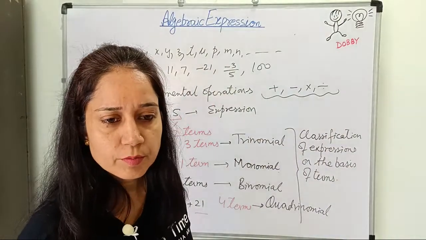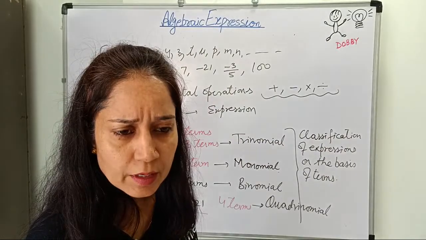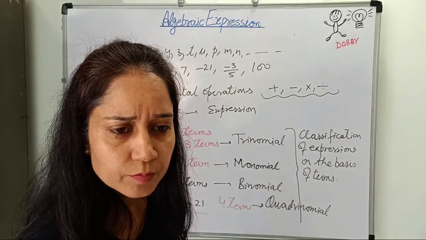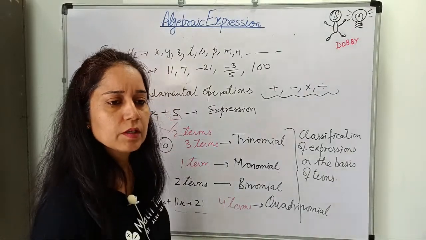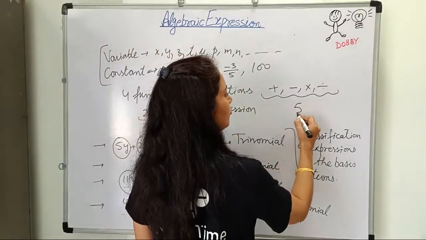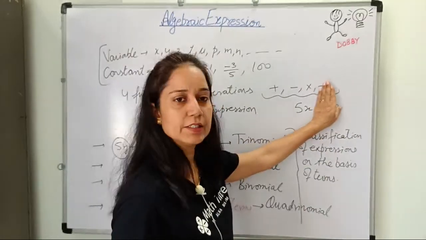Shalini is asking, ma'am, through one term can we find an equation? Yeah, one term can also be an equation. You write 5x is equal to 10. If it is only 5x, it is a monomial.